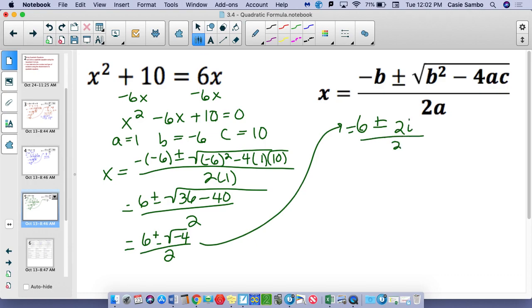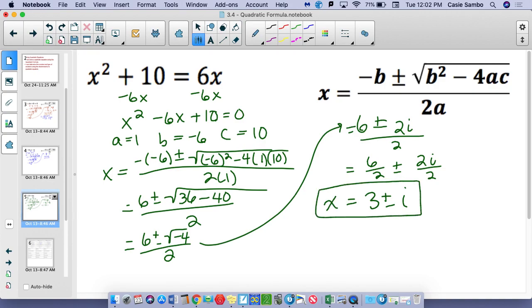And now I need to finish simplifying this. I can see that 2 divides both 6 and 2i. So I can just simplify those by doing 6 divided by 2 plus or minus 2i divided by 2, which is just going to equal 3 plus or minus i. So x equals 3 plus or minus i. Okay, so that's how we would go about solving these different equations.